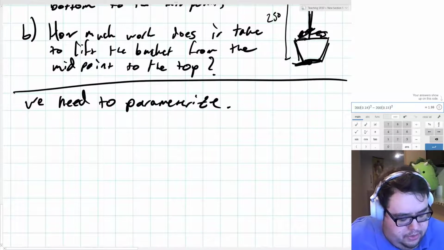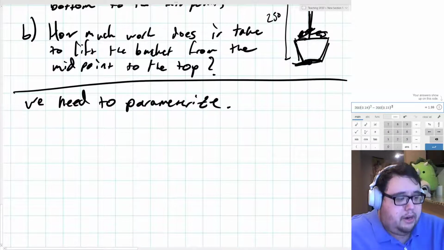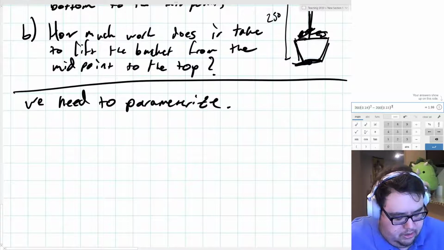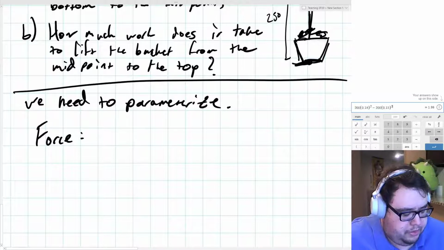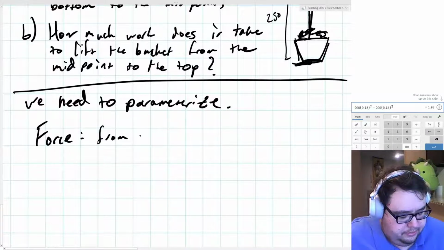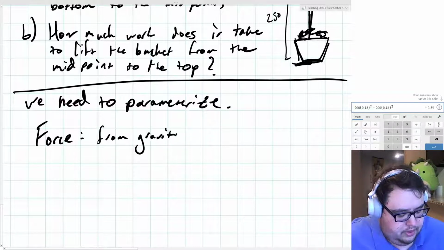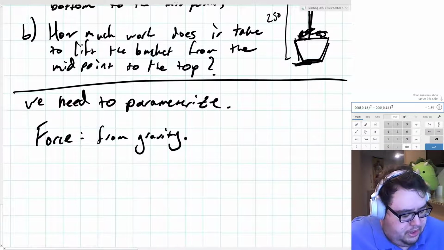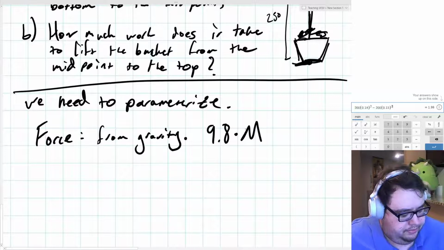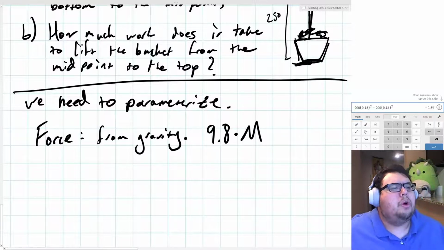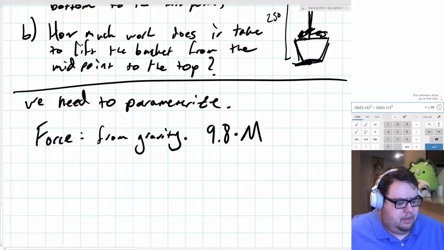So first off, the amount of force that's happening will be from gravity. It'll be 9.8 times the mass. Well, what is the mass we're lifting?